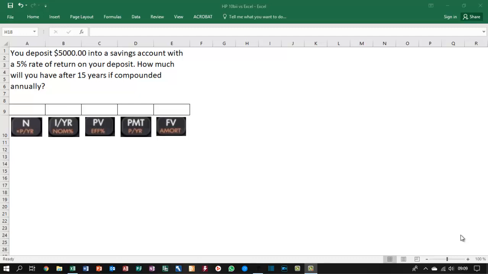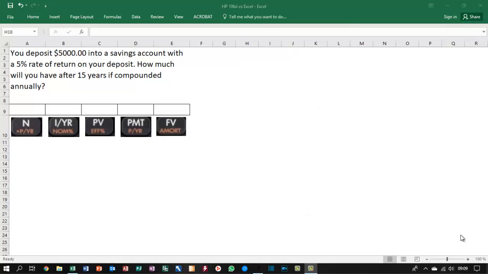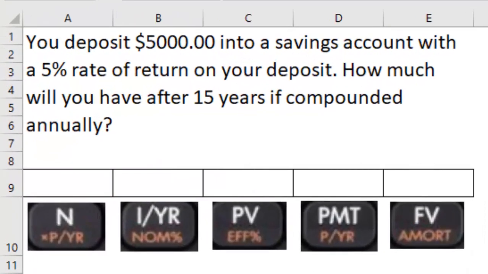The easiest way to look at that is, if you're paying money out of your pocket, it is a minus, and if you're receiving money into your pocket, don't we all want that, then it is a plus sign. So let us look. We are depositing, in other words, we are paying out 5,000. So it is minus 5,000.